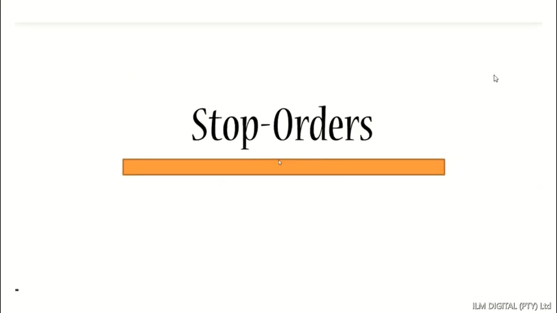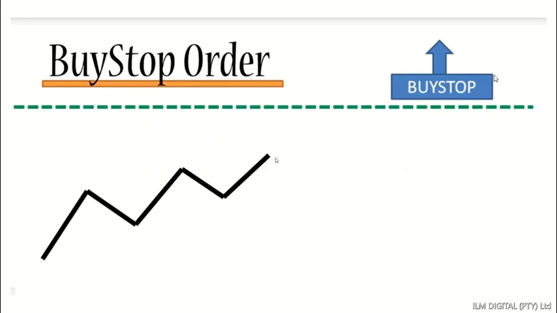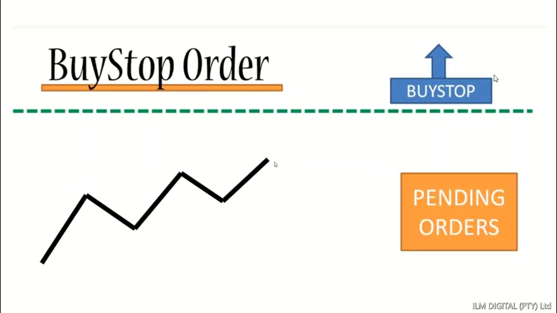Now let's move right along and talk about stop orders. We're going to start with the buy stop order. The buy stop order is basically a pending order. Let's say you think that when the market hits a certain area, it's going to continue in an upward direction. You want to buy the market, but not now, at a later stage. Maybe you're not going to have time to look at your chart at that time.